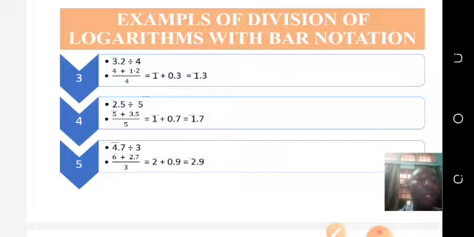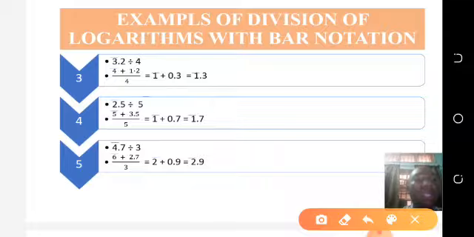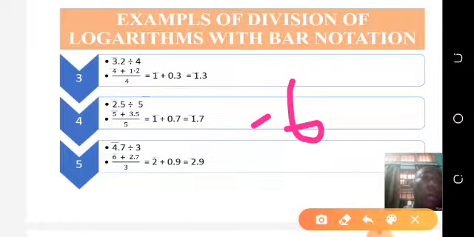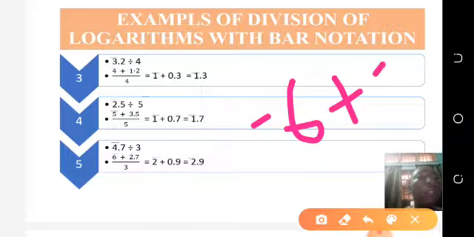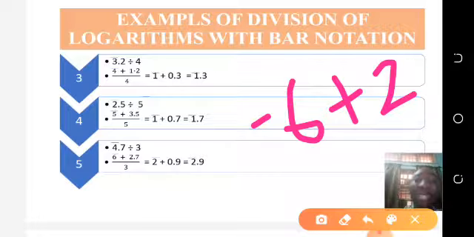Next multiple. Good. 6. Minus 6. What can we add to minus 6 that will give us minus 4? Good. Plus 2. Minus 6 plus 2. That will give us minus 4, which is still the same thing as bar 4.